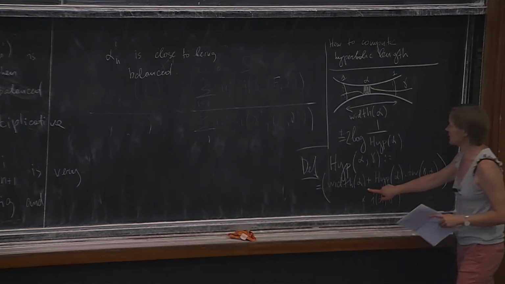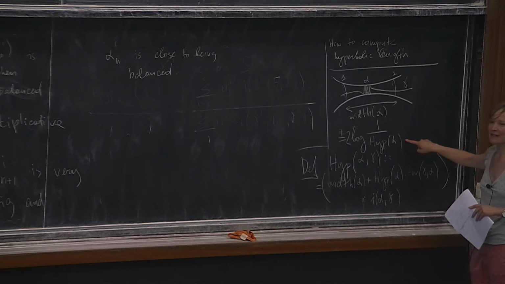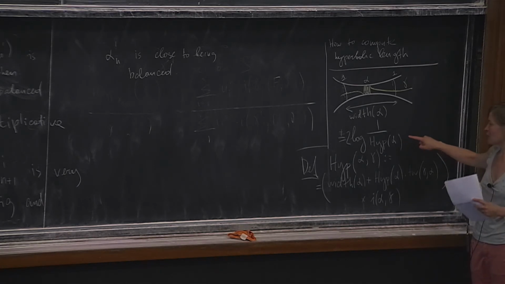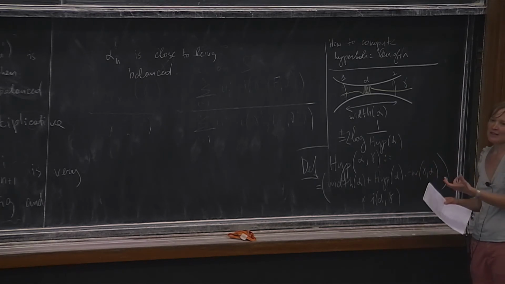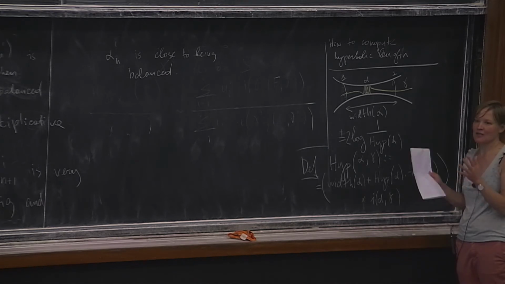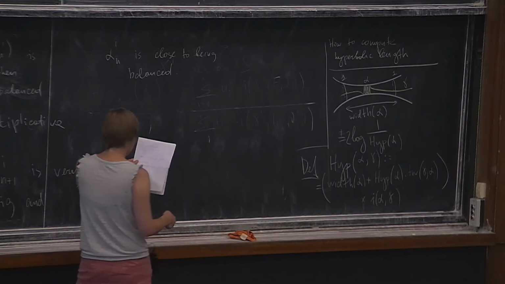So what matters is just the width, and the width is with the logarithm of 1 over hyperbolic length. If we know the hyperbolic length up to multiplicative error, the log kills the multiplicative error, and you have some small additive error that you can control. That's the point of the whole thing.